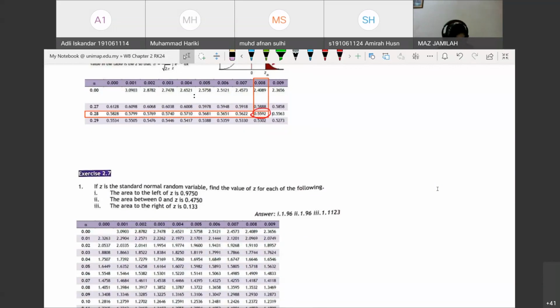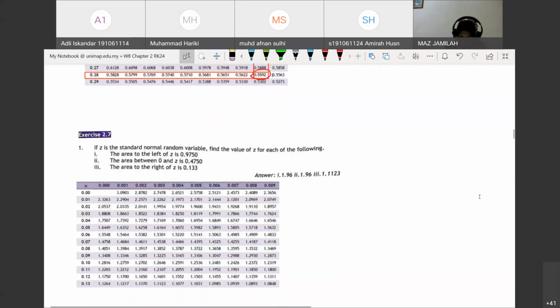So exercise 2.7, you can look at your textbook on page 62. If Z is the standard normal random variable, find the value of Z for each of the following. The first one, the area to the left of Z.